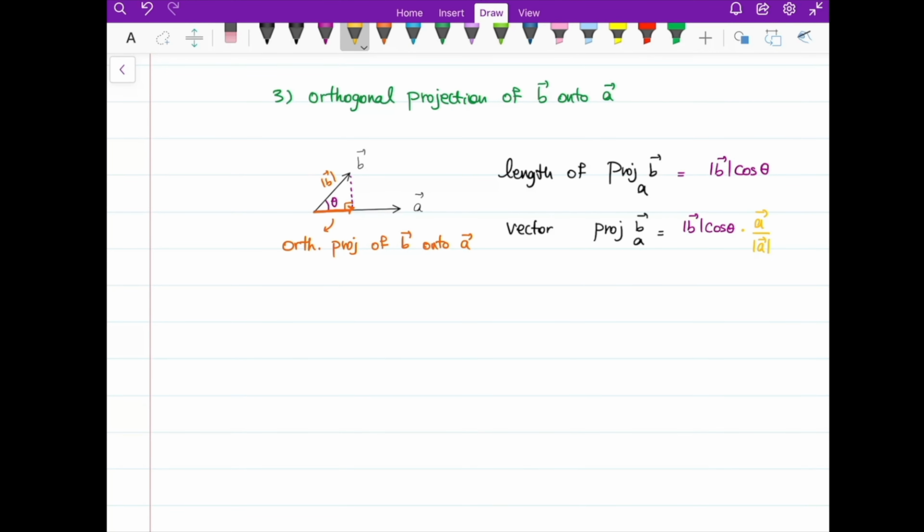The vector A over the length of A. This vector is actually the unit vector along A.